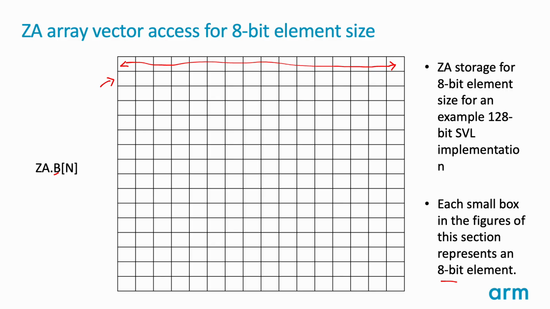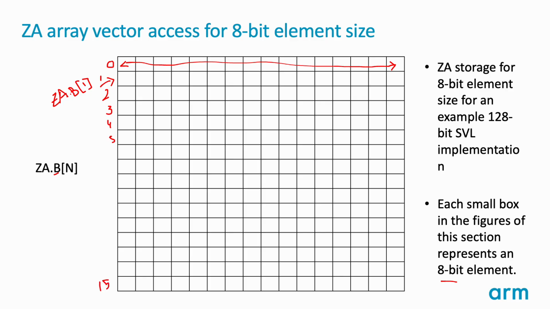Now, what should I use to access this particular row? That will be ZA. I want to access it as byte for 8-bit element size, and my n will become 1. My n would be 0, 1, 2, 3, 4, 5, likewise until 15.